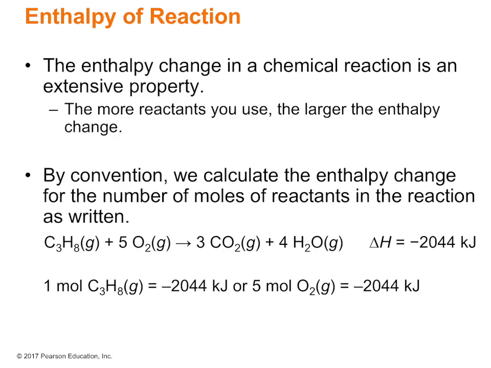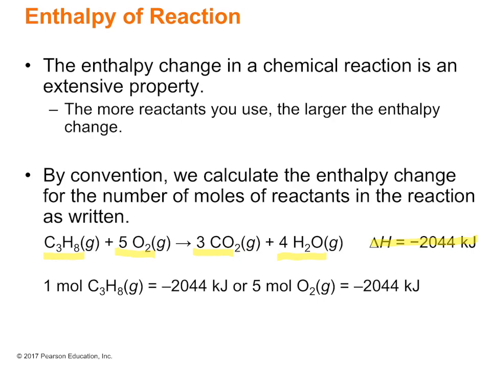So since it depends on how much reactants you have, then it must depend on the molar ratios also. By convention, we calculate the enthalpy change for a number of moles of reactants in the reaction as written. So here we have C3H8 plus 5O2 yields 3CO2 plus 4H2O, and our change in enthalpy is negative 2,044 kilojoules.